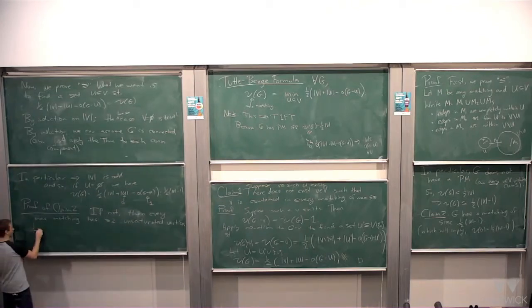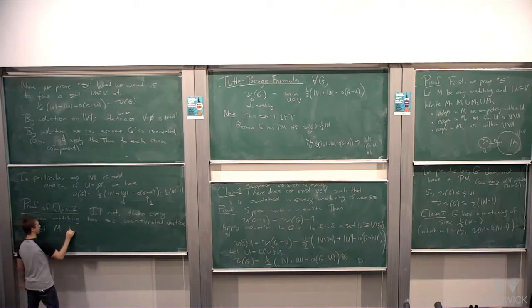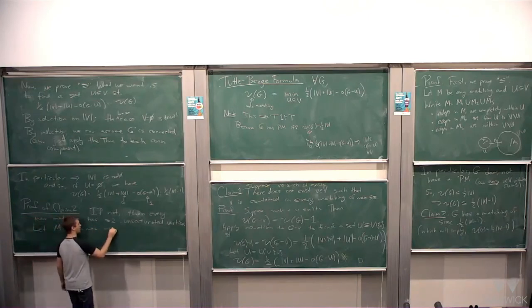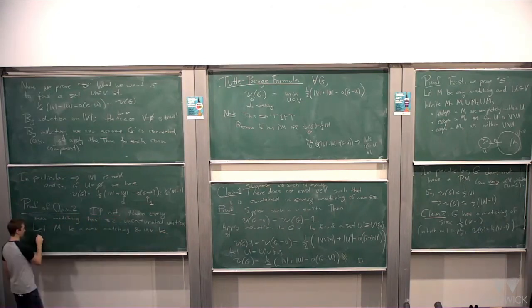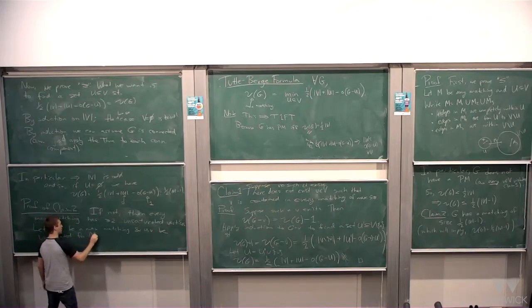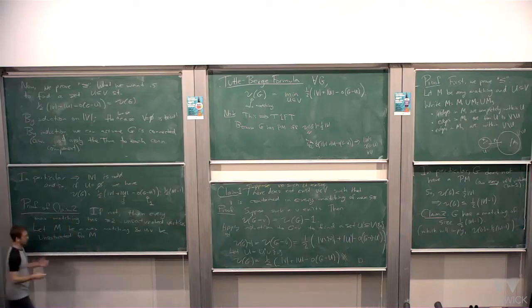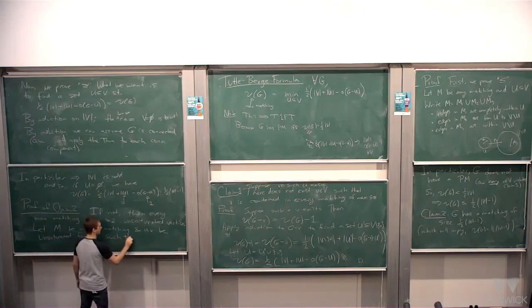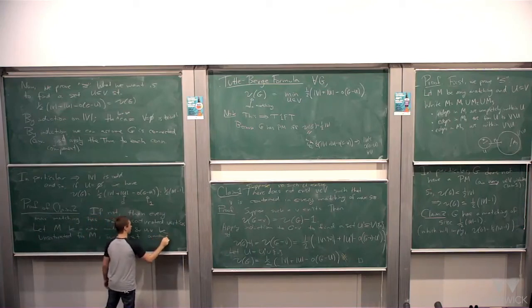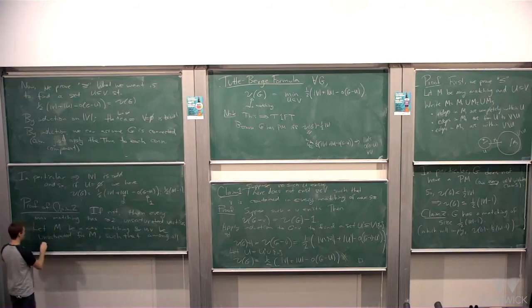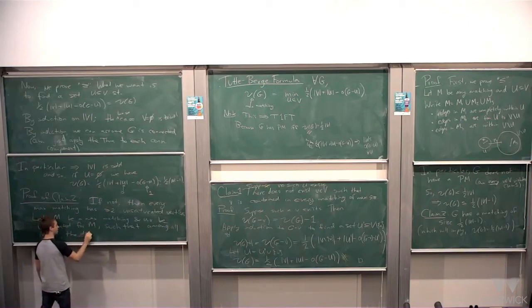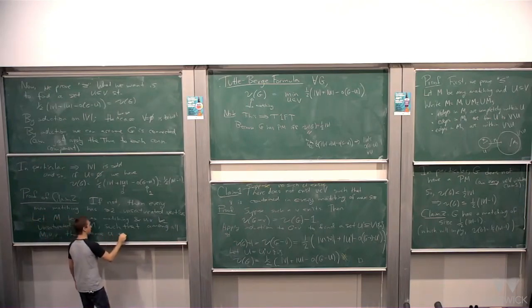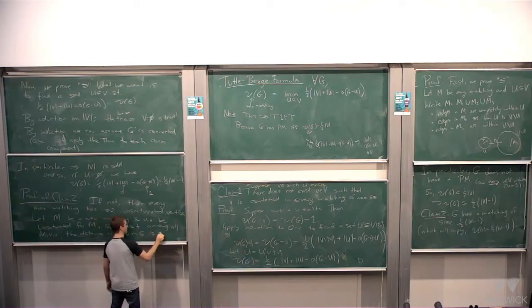So let M be a max matching, and U and V be unsaturated for M. And among all choices of M, U, and V which have this property, the distance from U to V in G is as small as possible.